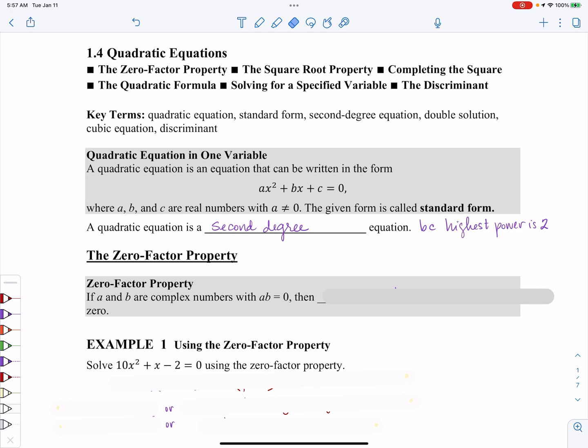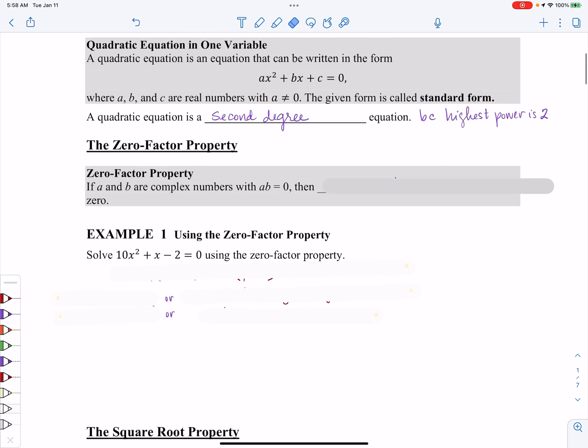Now let's talk about several different methods of solving quadratic equations. The first method is going to be called the zero factor property. You may have heard of this in several different ways. It might be called the zero product property. It might just be called solving by factoring.